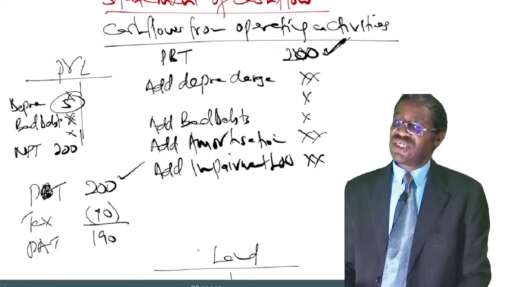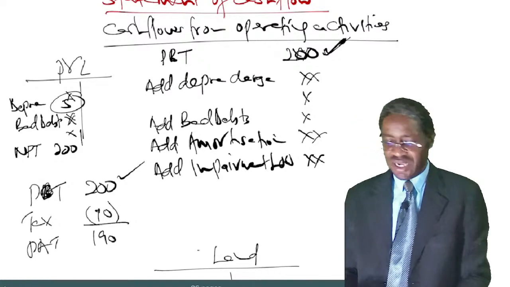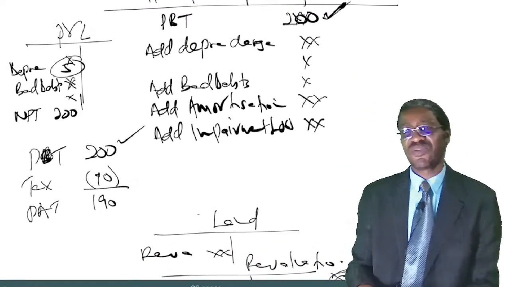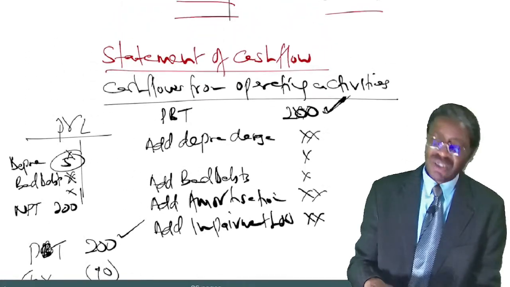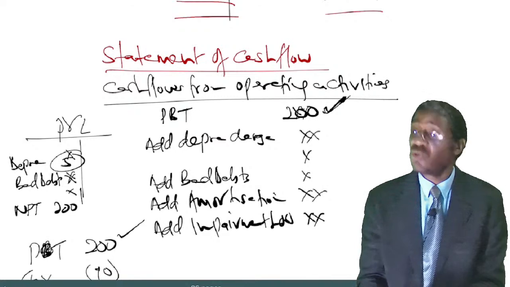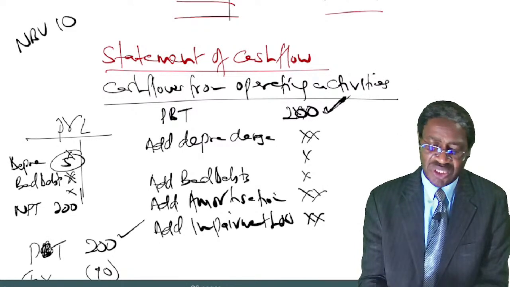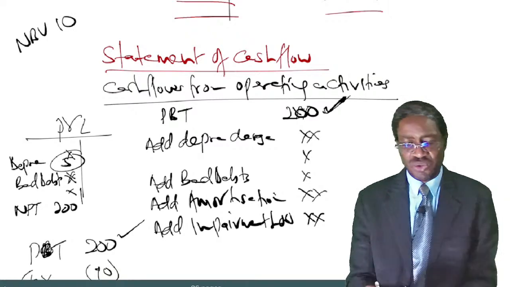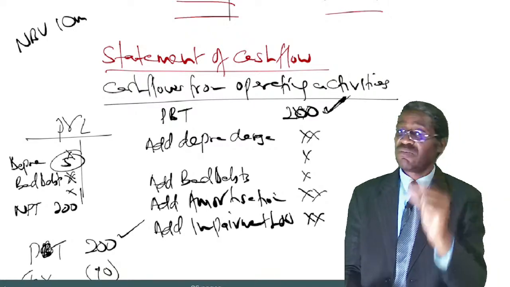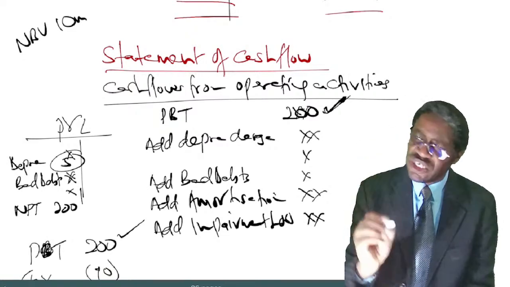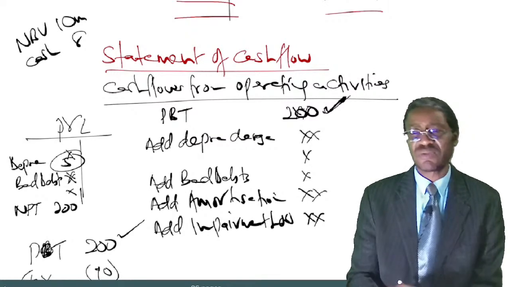Correct. Somebody else is also saying gain or loss on disposal. Very correct. I can see most of you can now remember. When you sell an asset, let's assume you sold a motor vehicle at a time when the book value was 10 million. You sold it for cash, for 8 million.